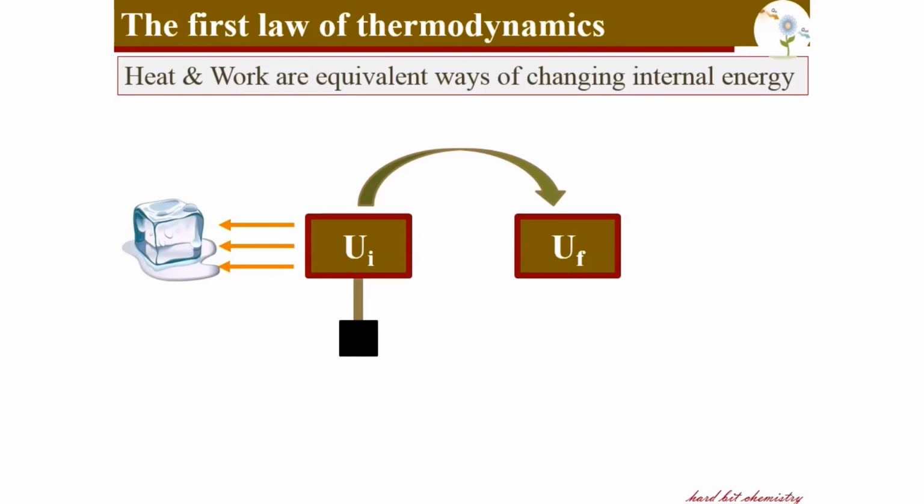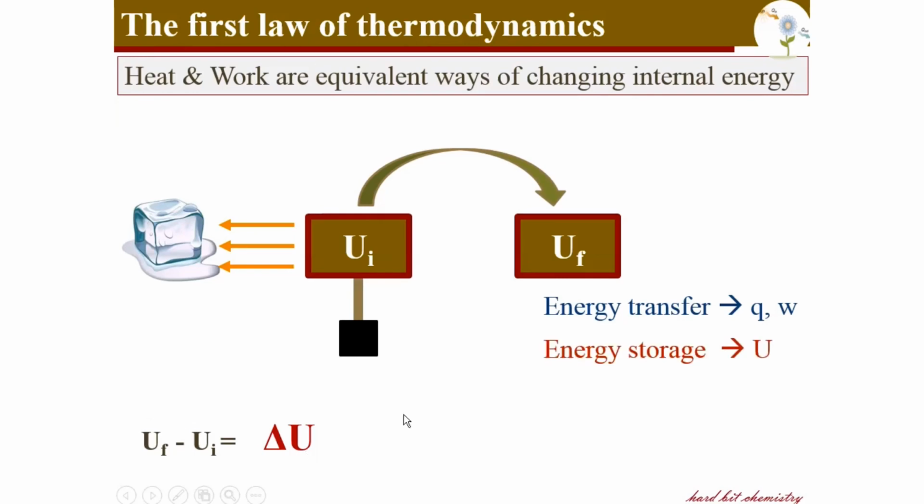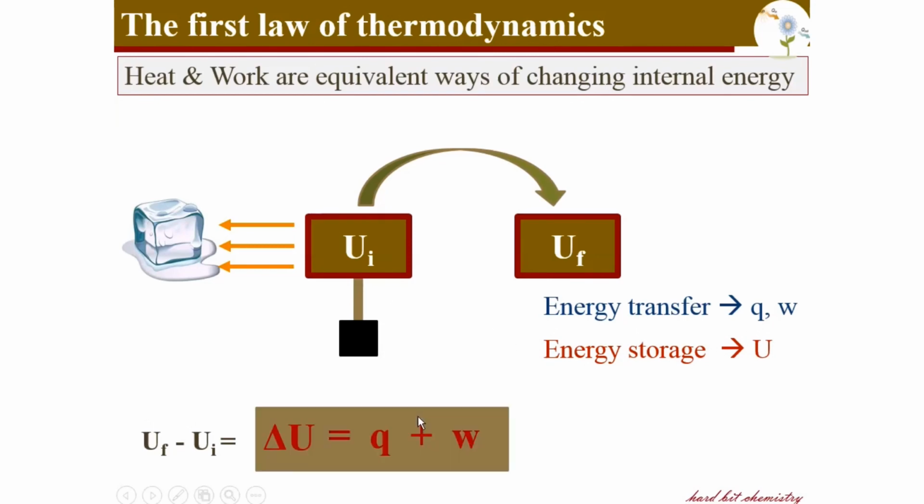So these are the two possibilities, or two modes, of exchanging energy from the system to the surroundings during a process. And that is how you reach a new internal energy. Energy transfer occurs as heat or as work. The difference in internal energy during the process is given by delta U, and it can be seen that energy storage in the form of internal energy, and that internal energy change, can be expressed as a sum of heat and work.